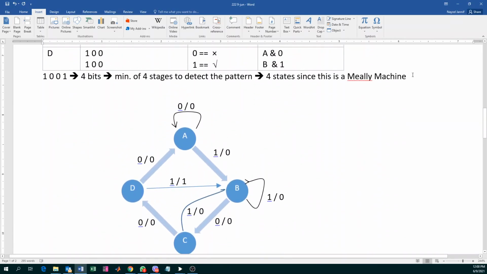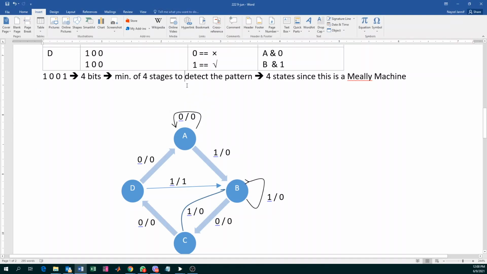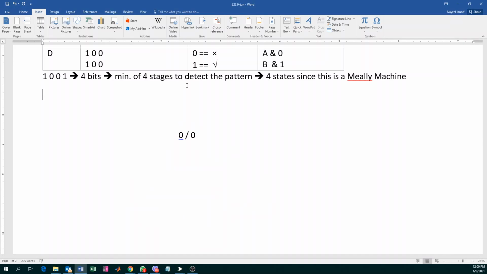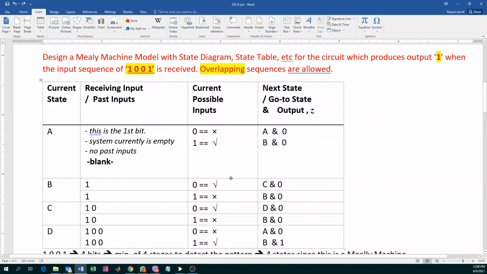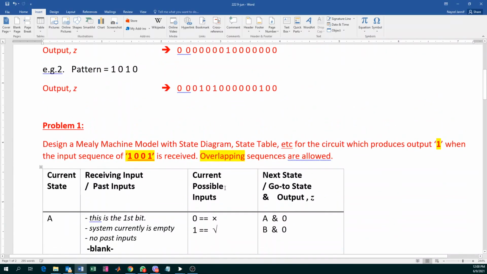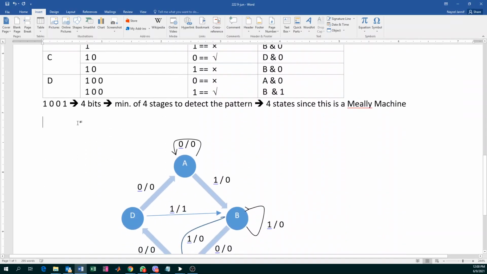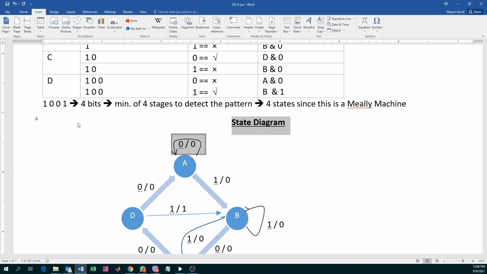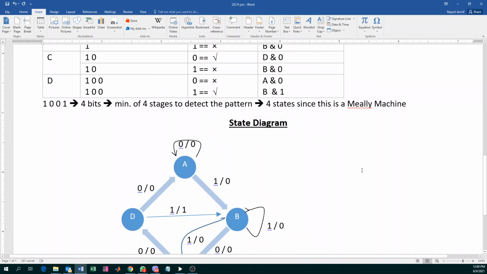Maybe I should put a title over here. This is the state diagram, guys.